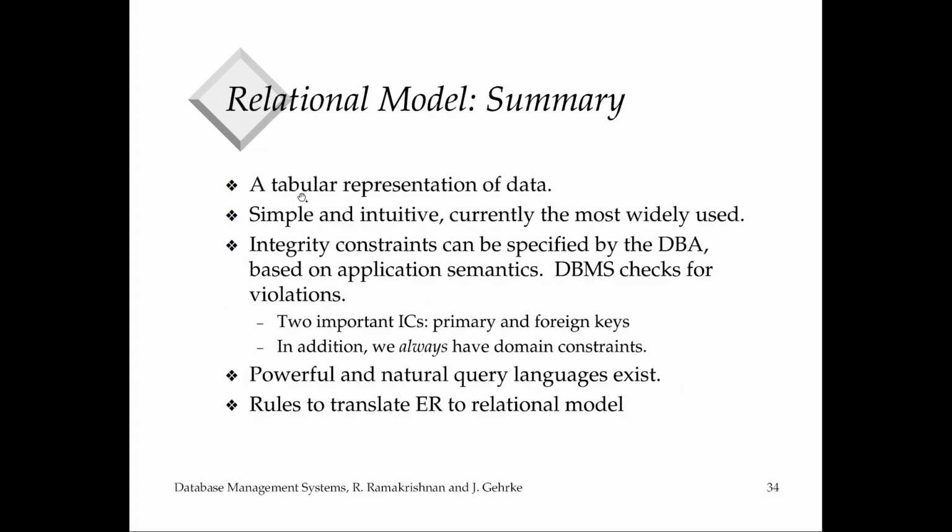Okay, and then summary. So the relational model really represents data in a tabular format. It's quite simple and intuitive, and frankly the most popular and used approach. And then you need to know about integrity constraints that ensure that we have clean data in our databases, and our database management systems always check for integrity.